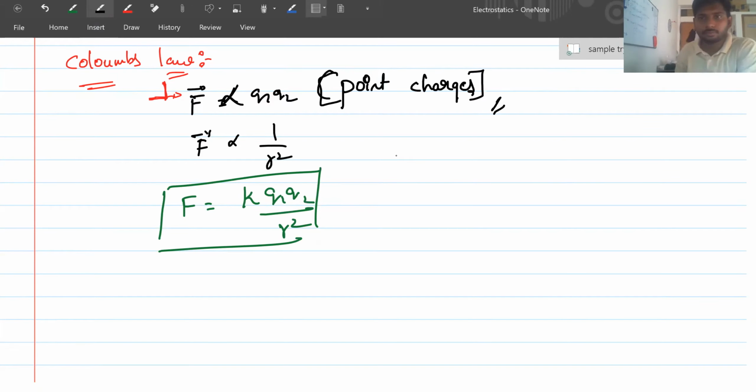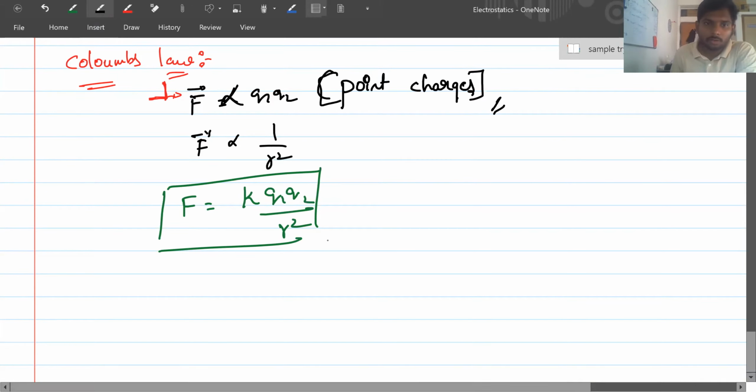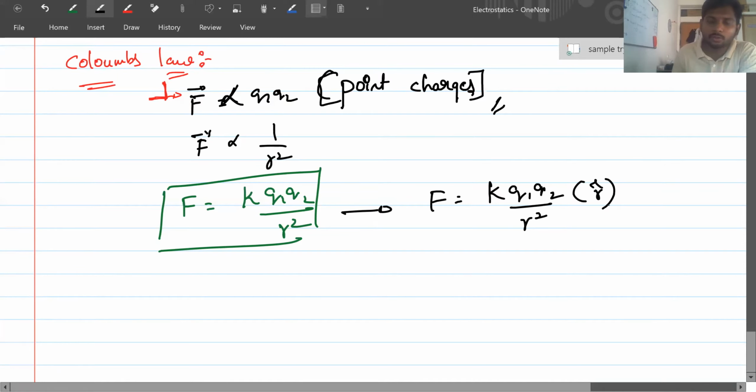If it has to be written in the vector form, F is equal to K Q1 Q2 by R square into R cap, along the line joining the two charges. If both are the same charges, they will repel each other, and the force will be away from the charges.